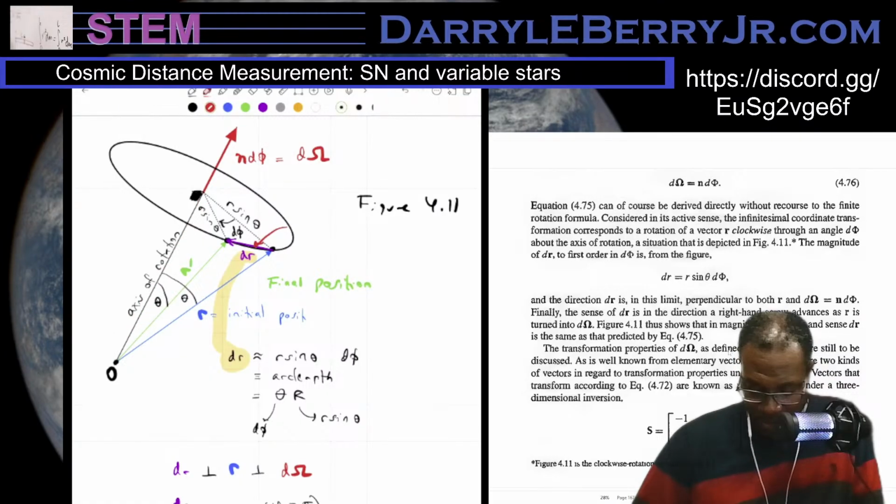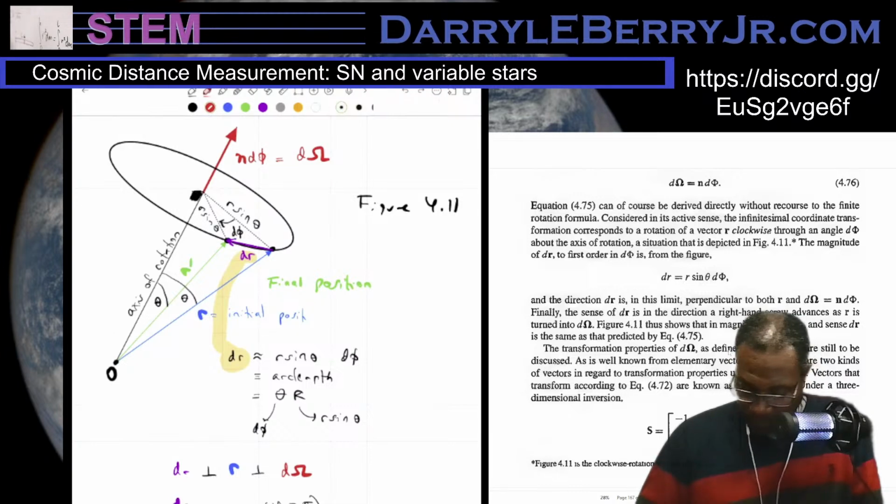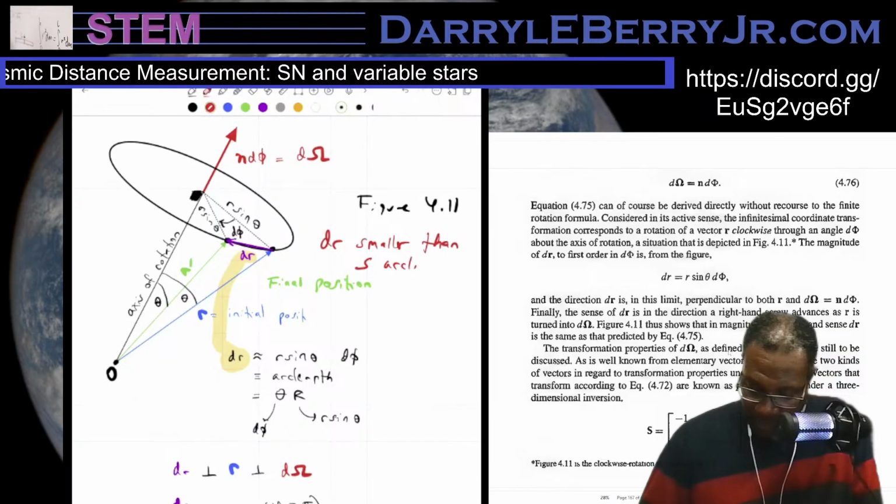But dr is shorter than the actual arc length.